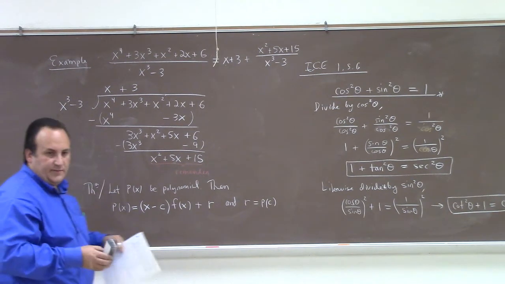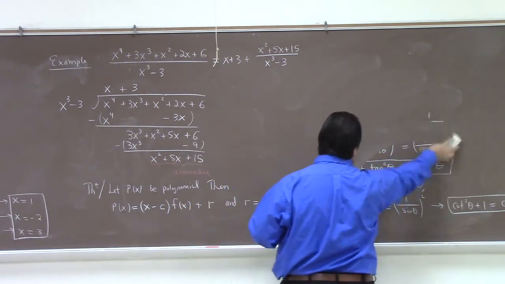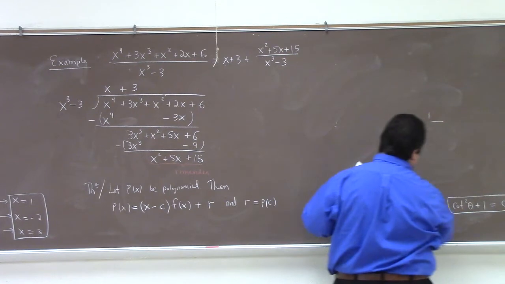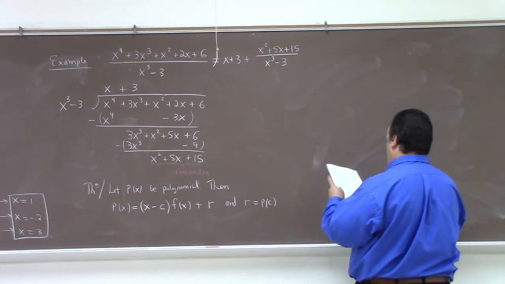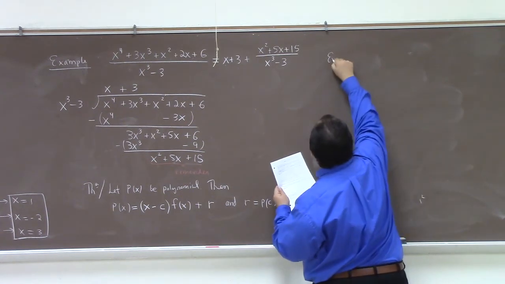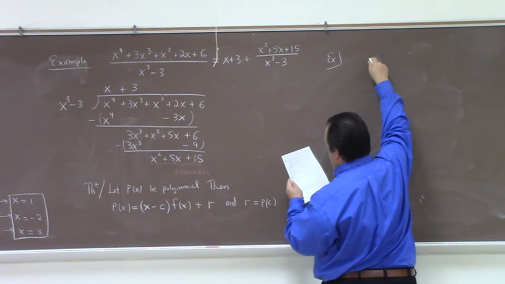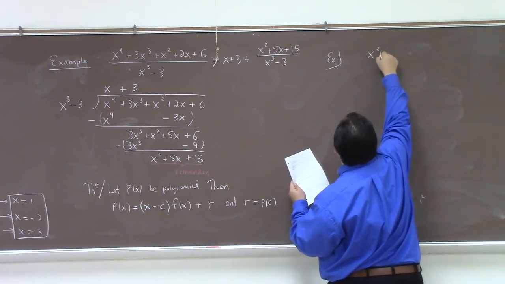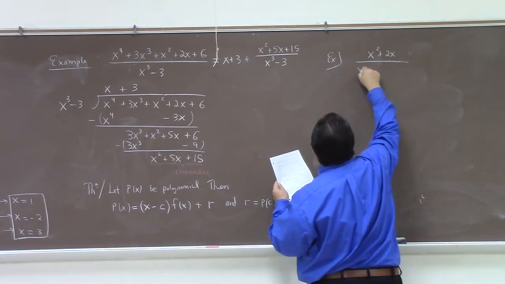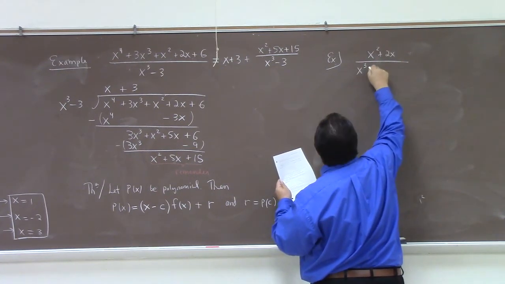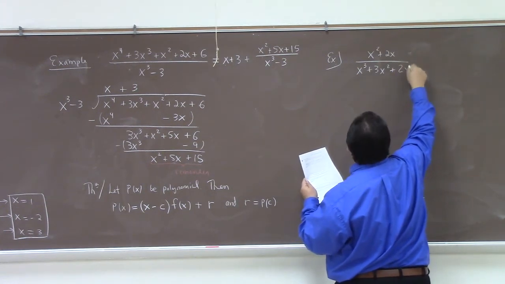I'll work another example of the long division here. So we have, I'm going to say x squared plus 2x divided by x cubed plus 3x squared plus 2x plus 7.